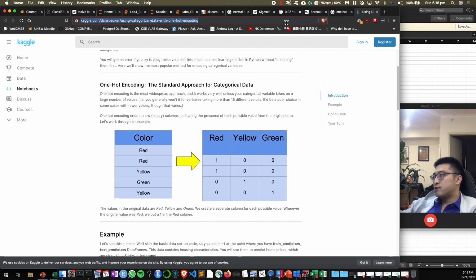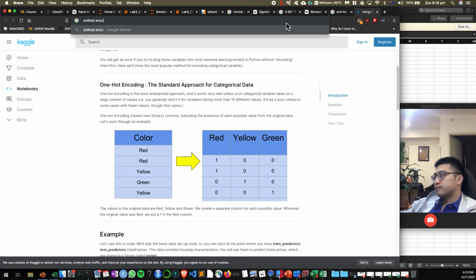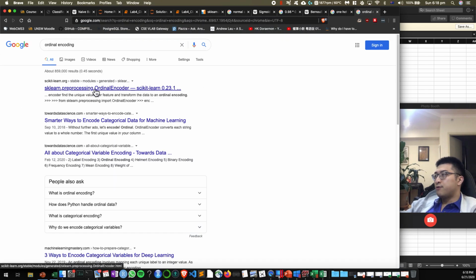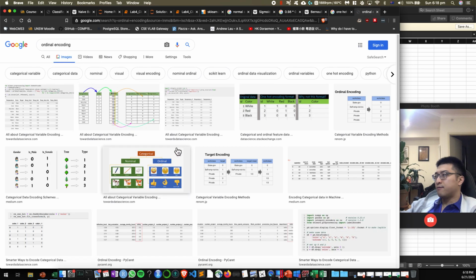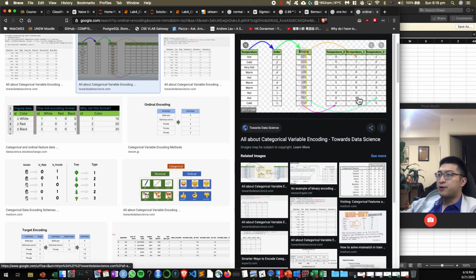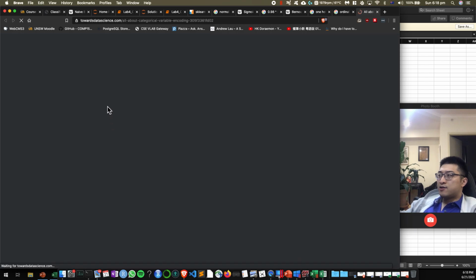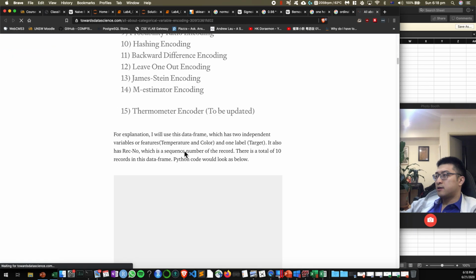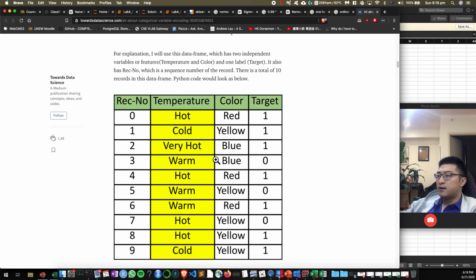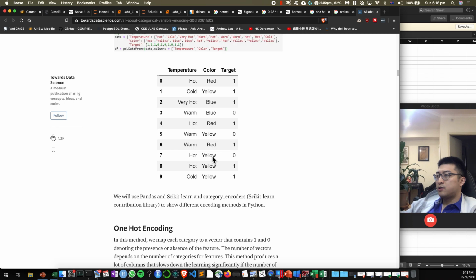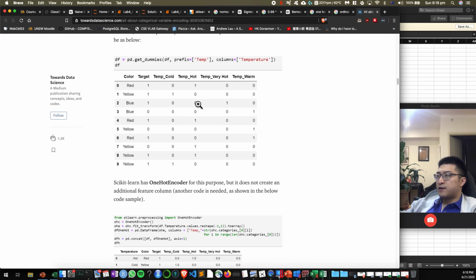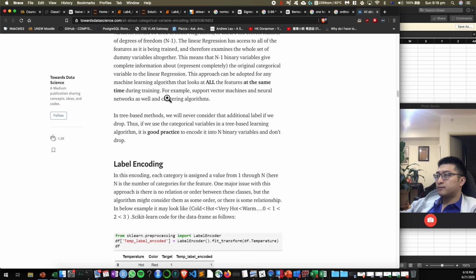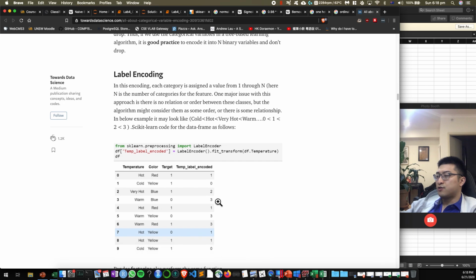In contrast, you might have something like ordinal encoding, which only really makes sense if there's a rank between the levels. For example, let's say I have a temperature scale. It could make sense to rank them.